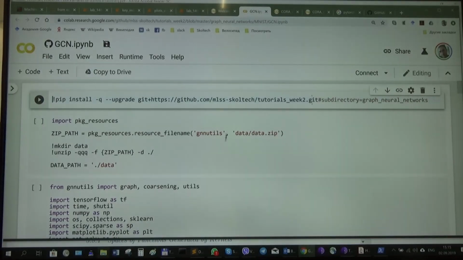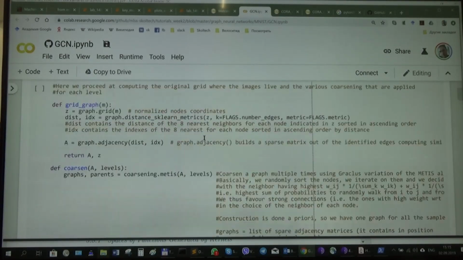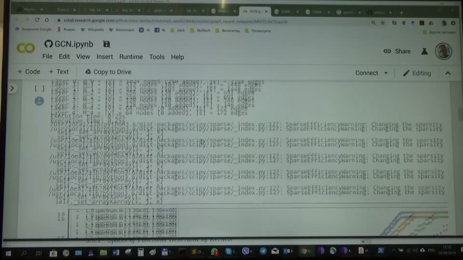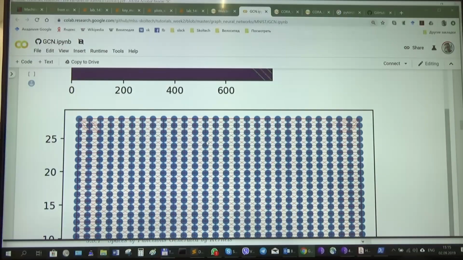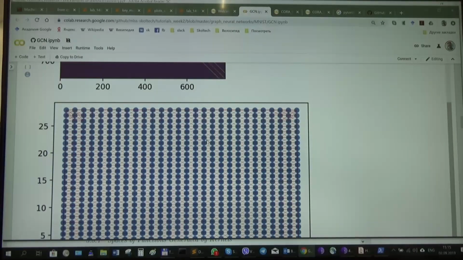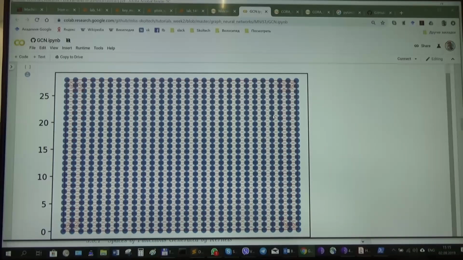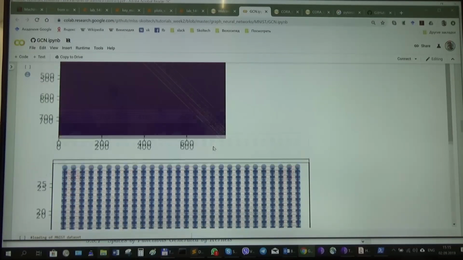We can use graph neural networks to process images. Think of it that way: MNIST images are just grids of 28 by 28. And we can find a mechanism of how to connect the pixels together in a way that is sufficient for a graph neural network to be able to process it.